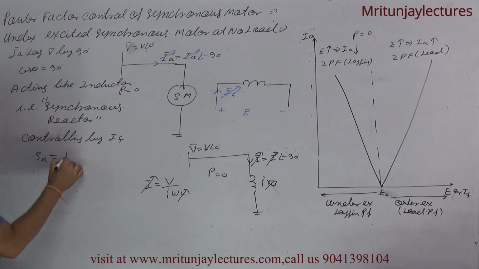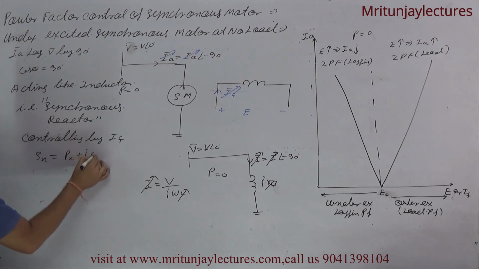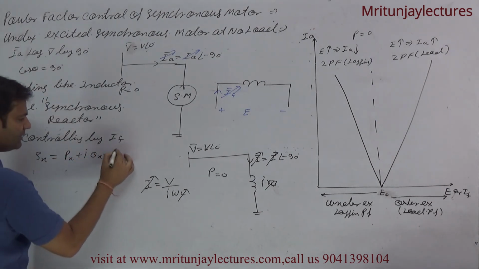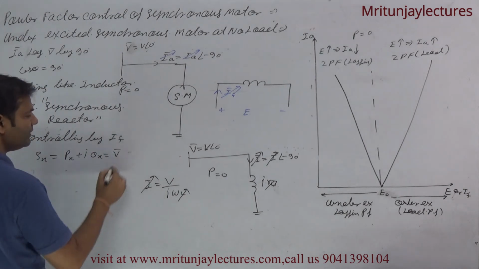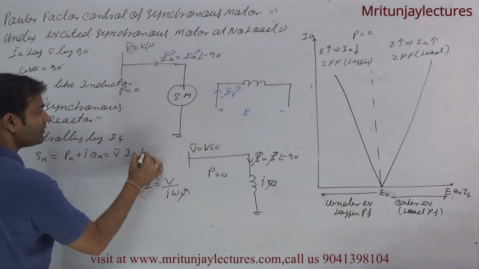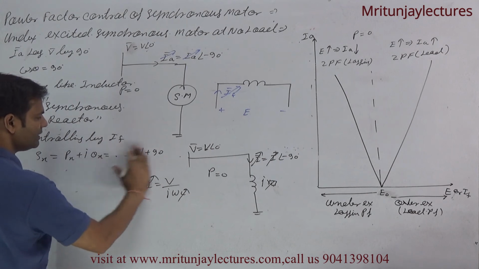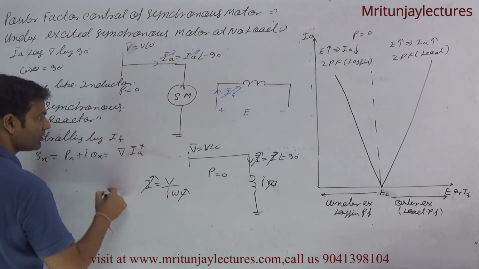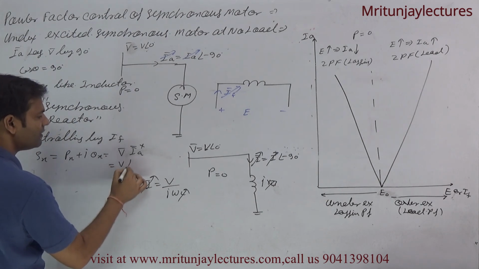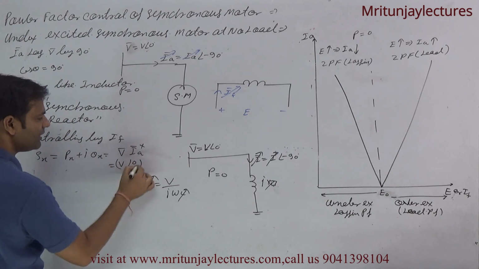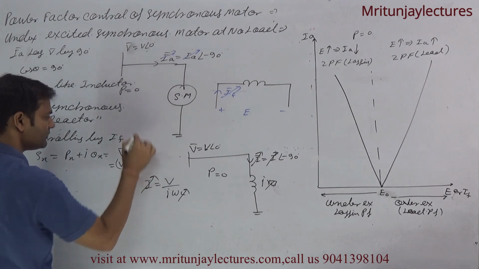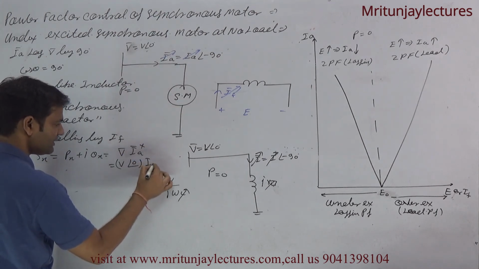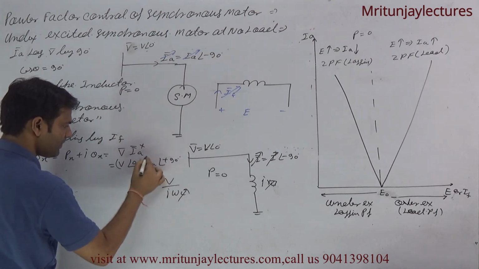What about reactive power? Reactive power is written as Px plus jQx. It is V at the angle 0 times IA at the angle plus 90.